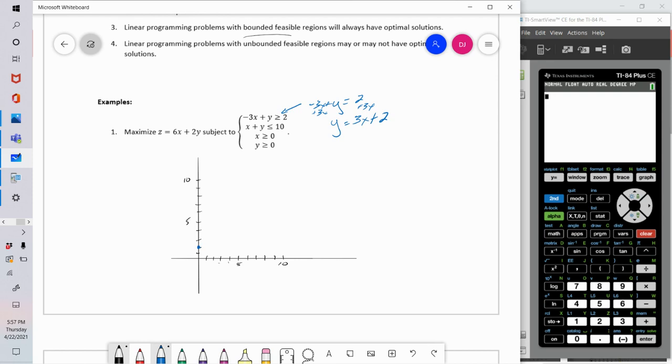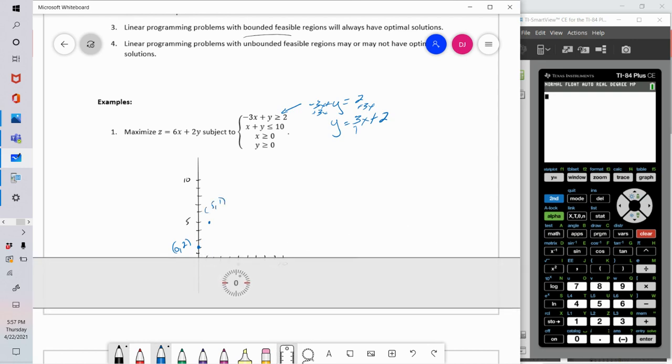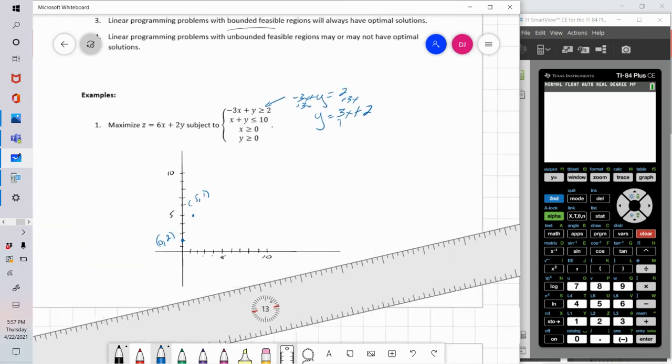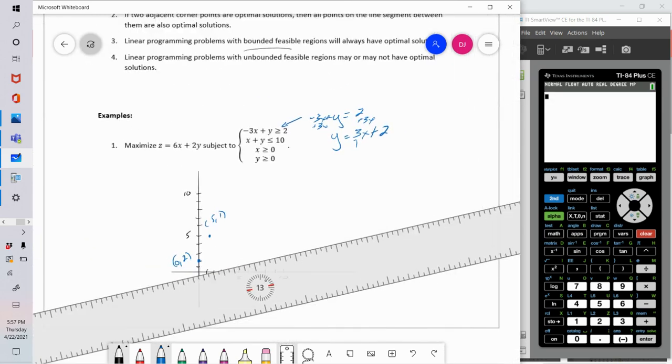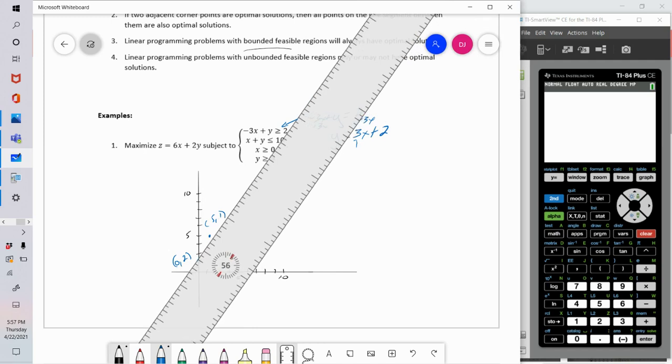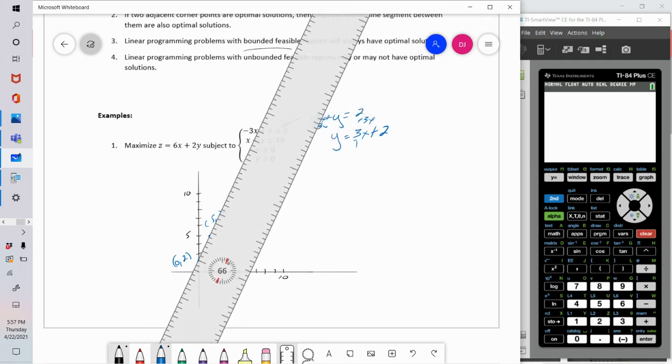Have a slope of 3 over 1. So we're going to go up 3, 1, 2, 3, and over 1. Okay, so here's the point 0, 2, and the point 1, 5. And let's draw the line that goes through those 2 points.